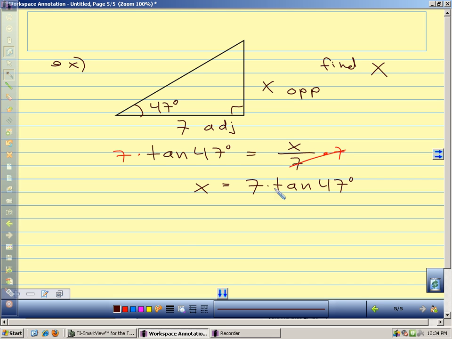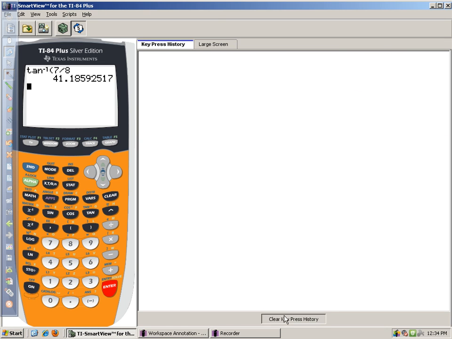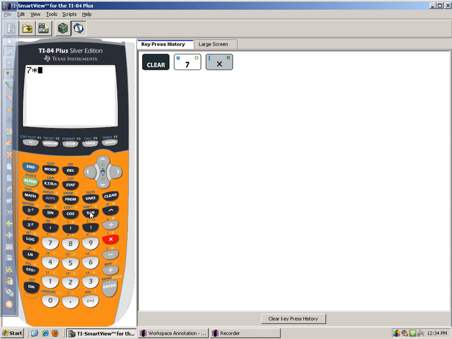And then our last step was to use our calculator. So I'm going to plug this into my calculator. 7 times tangent 47. So let me clear this out. So in my calculator, I'm going to put 7 times tangent of 47 equals about 7.51.